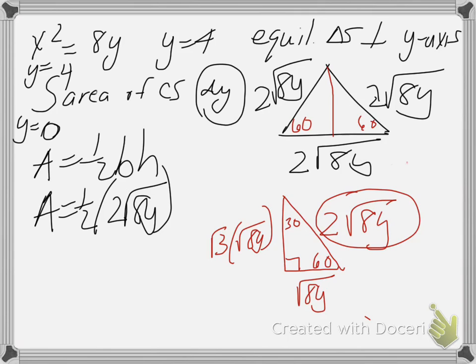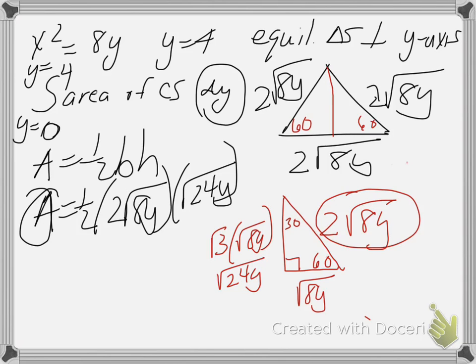So if you multiply that, you get radical 24y. So that actually is my height. So now I can go back. It's over here where I was looking for the area. So I have 1/2, and I have my base, and now my height is radical 24y.